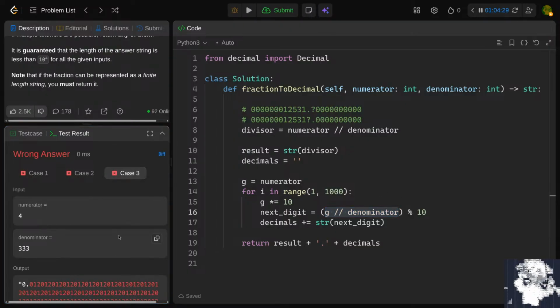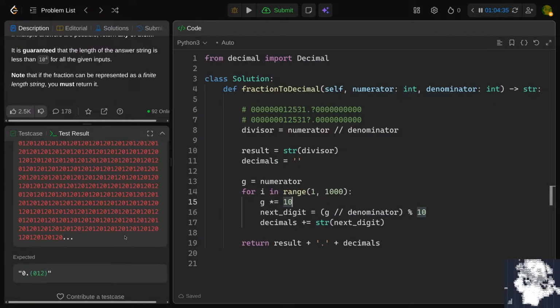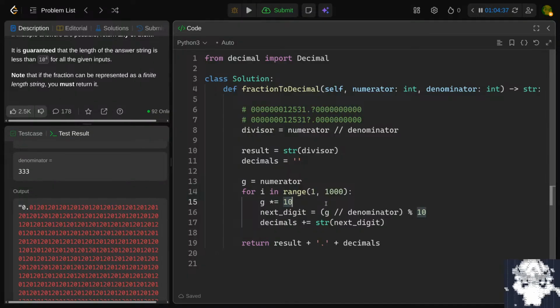Yeah, this gives the right answer. It's cool that it gives the right answer. It doesn't look like I'm doing division.